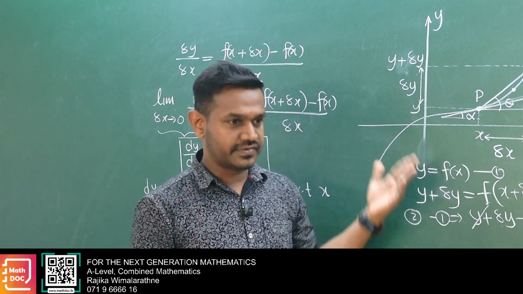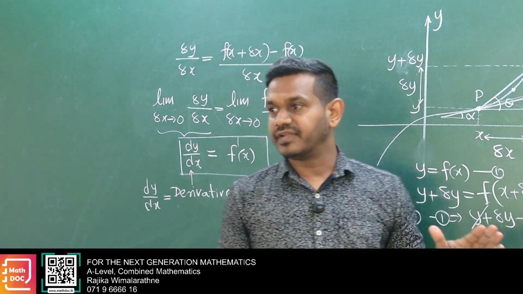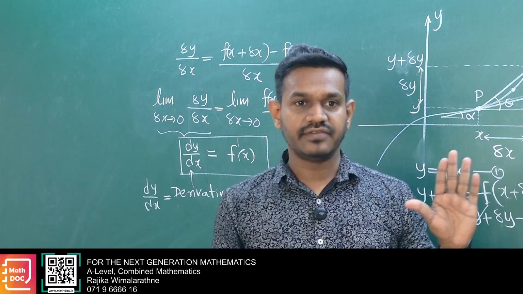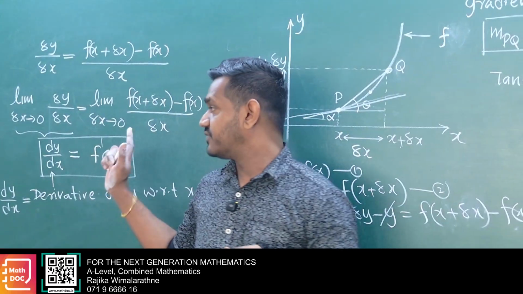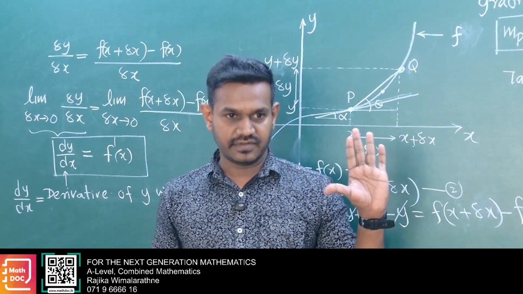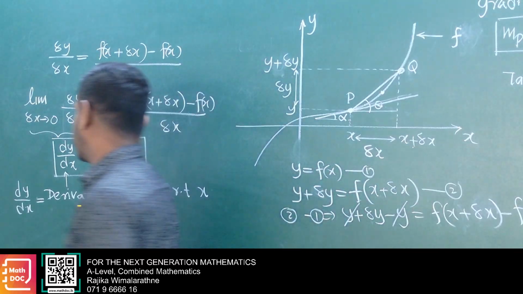The final result will be the derivative. Therefore, the derivative represents the gradient of the tangent.